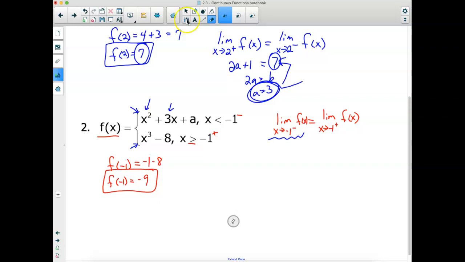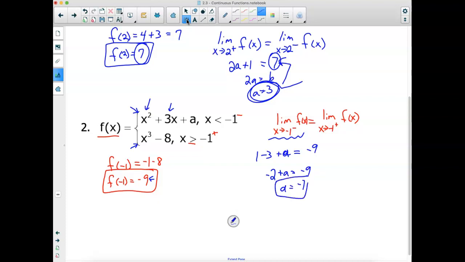So if I did that, what do I come up with? Well, -1 squared is 1, negative 1 times 3, so that's going to be minus 3, plus a. That's going to be my left-handed limit. My right-handed limit coming in from the right, what's that? Well, that's plugging the -1 in there. That's my -9 that I figured out right away, so I'm just going to say -9. So -2 plus a would equal -9, so a would have to equal -7.